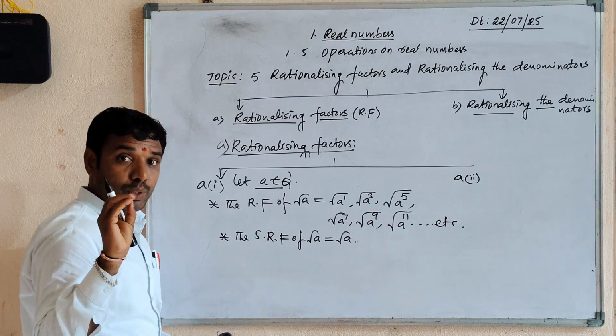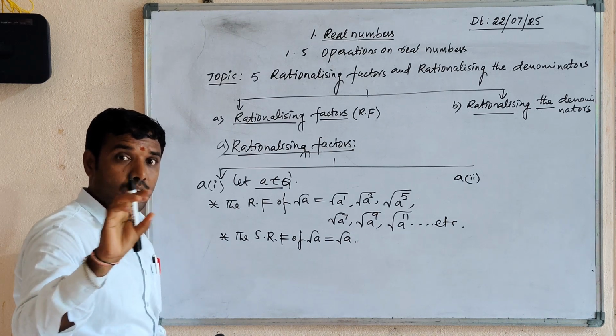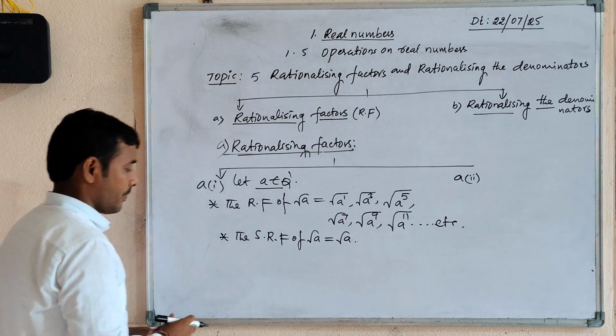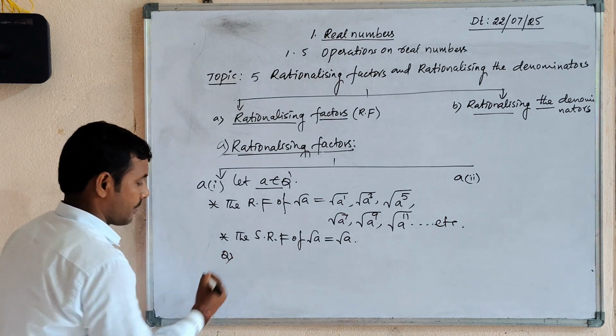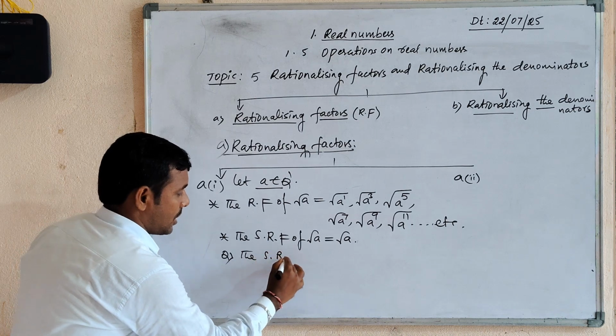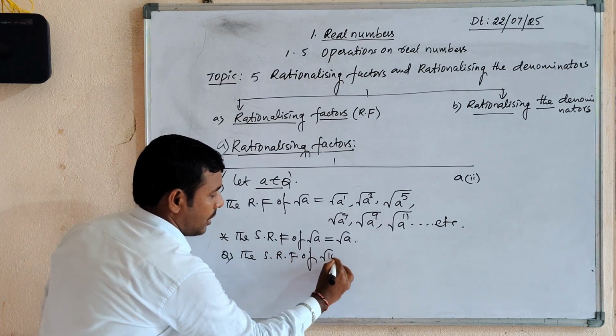Now I am passing a few questions. You give answers in our comment box. Listen carefully. Question number 1: the smallest rationalizing factor of root 10.